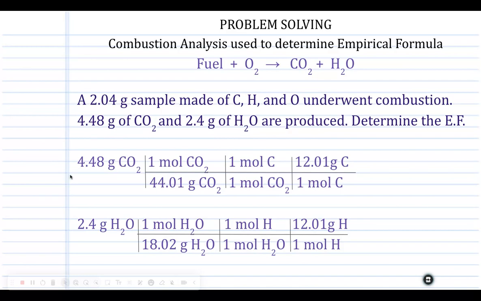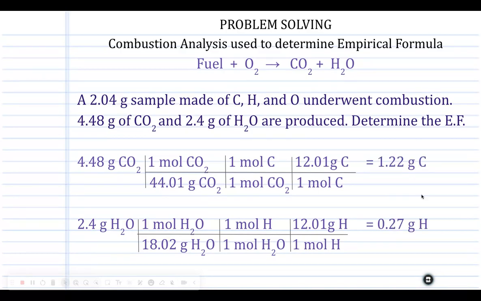So if I have 4.48 grams of carbon dioxide, I can figure out how many moles it is, how many moles of carbon that is, and how many grams of carbon that is. Same thing with water: 2.4 grams of water to moles of water to moles of hydrogen to grams of hydrogen. I copied that and didn't change that. Imagine this is 1.07. Okay, great.